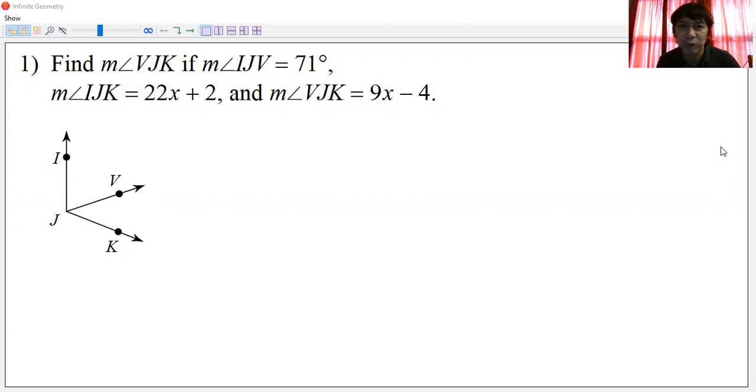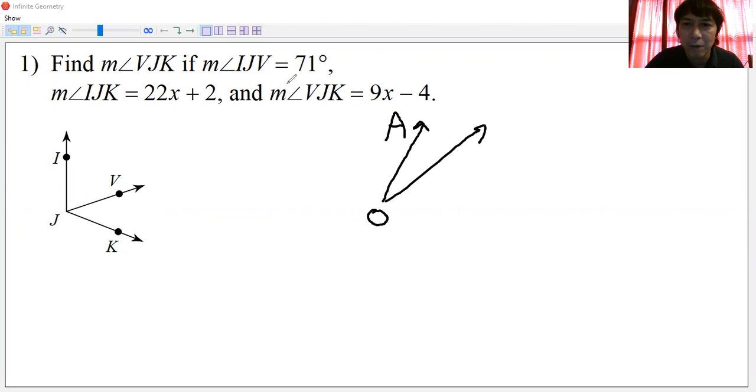Now, the definition of between rays is that if you have three coplanar rays, like this, OA, OX, and OC there. These coplanar rays are connected at the endpoint O.